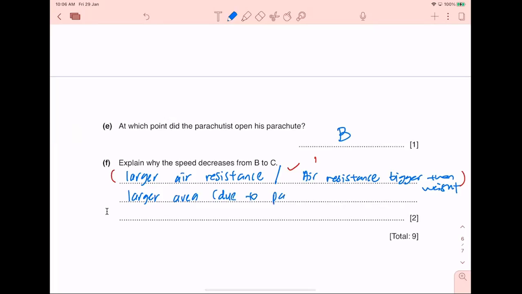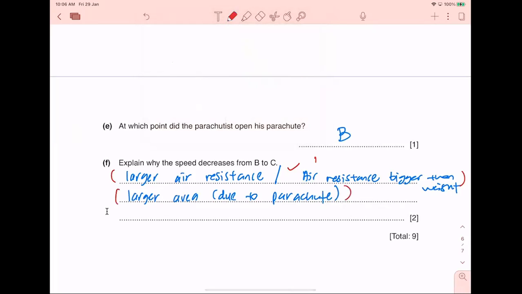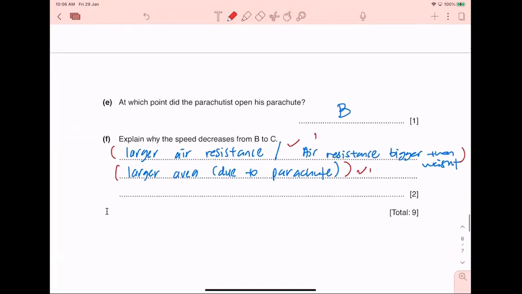Even if you didn't mention the parachute, as long as you say there is larger area, thus the air resistance is bigger than the weight, this is another 1 mark. Because it is an explanation, you have to mention why they have the larger air resistance.